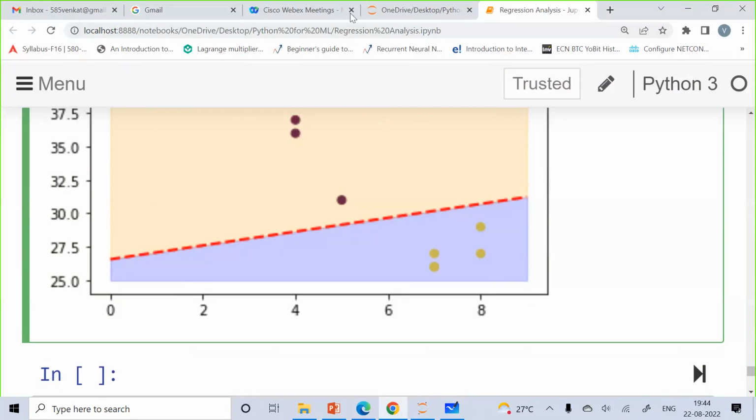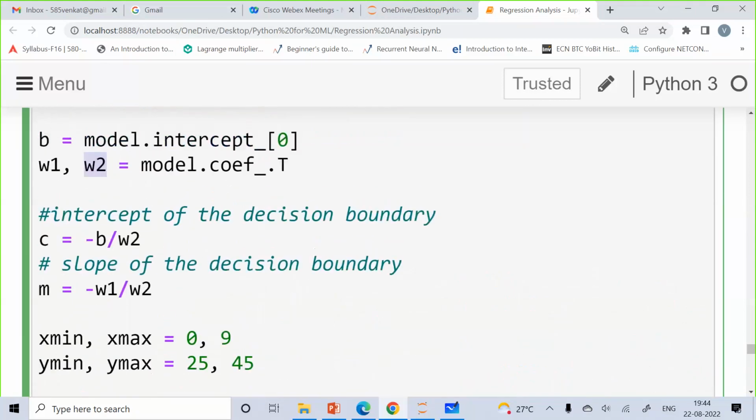I have one doubt. Yes, sir, please. About y equal to mx plus c, somewhere else I have read that the c is called a bias. In this case, y equal to mx plus c, c is basically an intercept, right? Yes, sir.